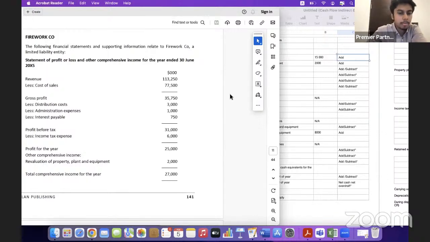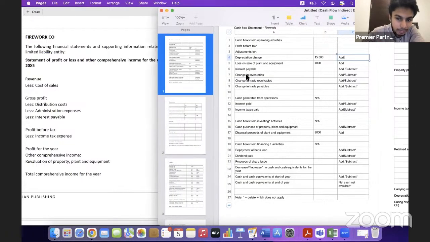Okay, guys, remember revenue and cost of sales, we do not consider for indirect method. Because, guys, revenue and cost of sale is something that we adjust inside our working capital changes. So because of that particular reason, revenue and cost of sales, you never have to worry about when you do an indirect method. Because revenue and cost of sales is adjusted inside this working capital changes.